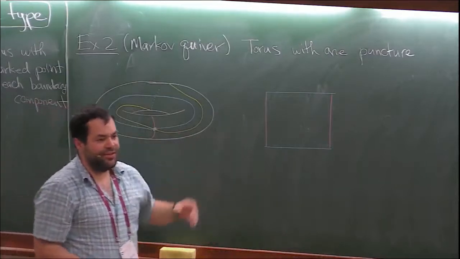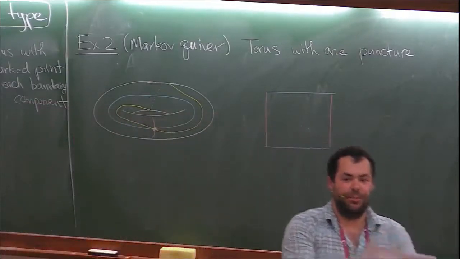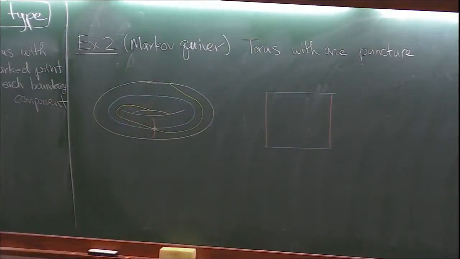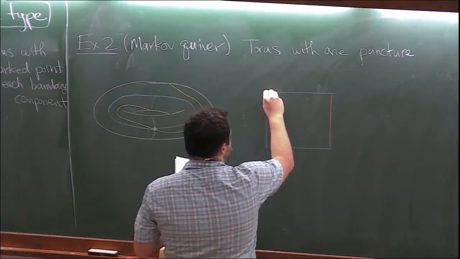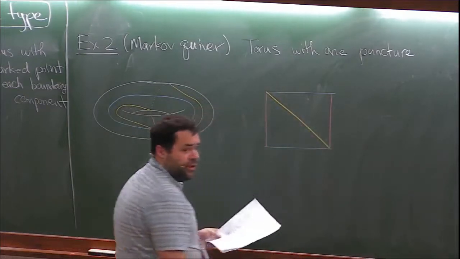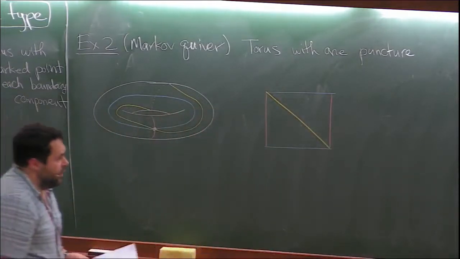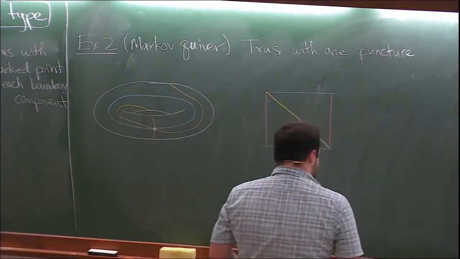If I take a sheet of paper and identify these two, and then identify these two, I get a donut. So the colors mean what I'm gluing together. And this yellow one should look like this, in this picture. All right, so one more example.